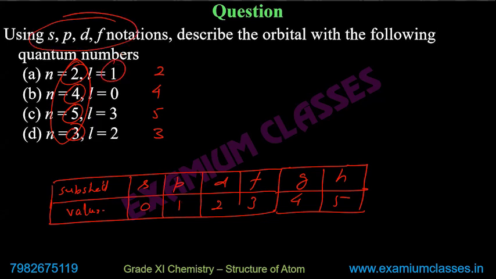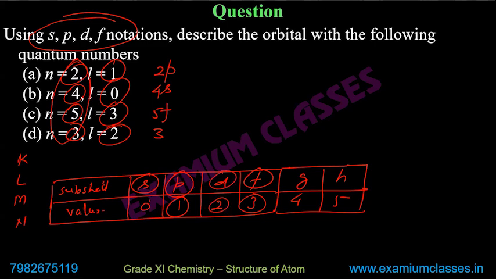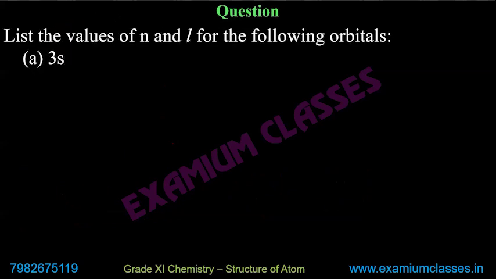So 1 is p, so write p instead of 1, the subshell. 0 is s. Sir, is this the common letter used to describe both the shell and the subshell number? No, only the subshell. Shells have letters K, L, M, N. Yes, sir. And 3 is f, so 5f. 2 is d, so 3d. Just replace the digits by the letters.